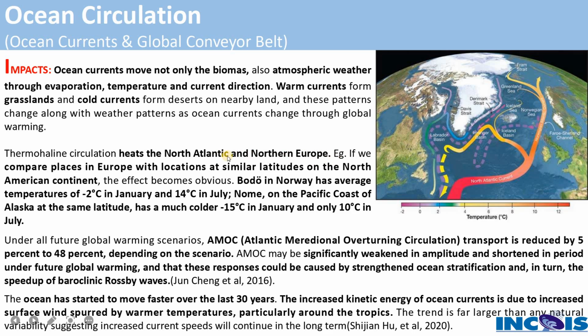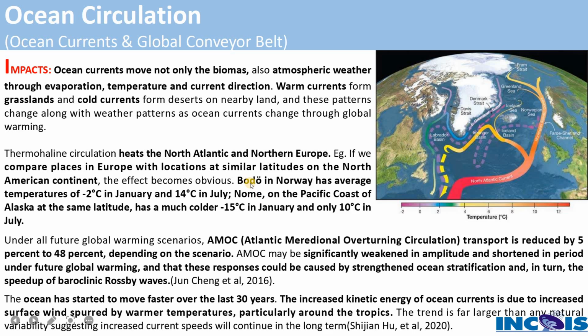If you want to understand how it keeps the temperatures unique, especially in the North Atlantic or Northern Europe, compare places in Europe with locations at a similar latitude on the North American continent. You can understand the effect of thermohaline circulation in keeping unique temperatures in the North Atlantic and Europe.